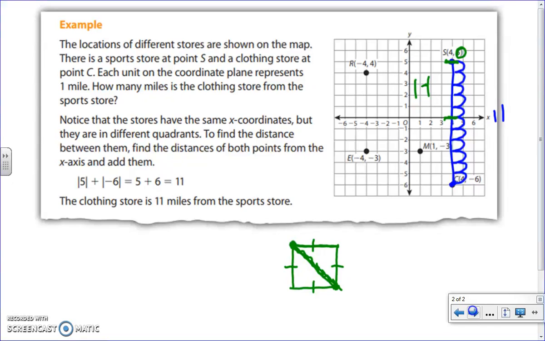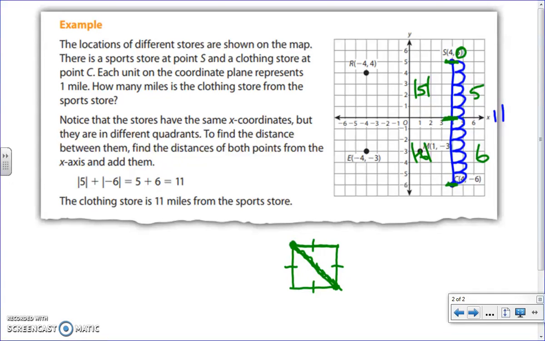If I know the absolute value of 5, or the distance that 5 is from 0, I can find how many miles are there. And the same thing for C, the clothing store. If I can figure out how far it is from here to here, I know that the depth is -6. However, the absolute value of -6 is actually a distance of 6. When you take the absolute value of something, please do not use the bars anymore, because we already have the distance. So that is 6.